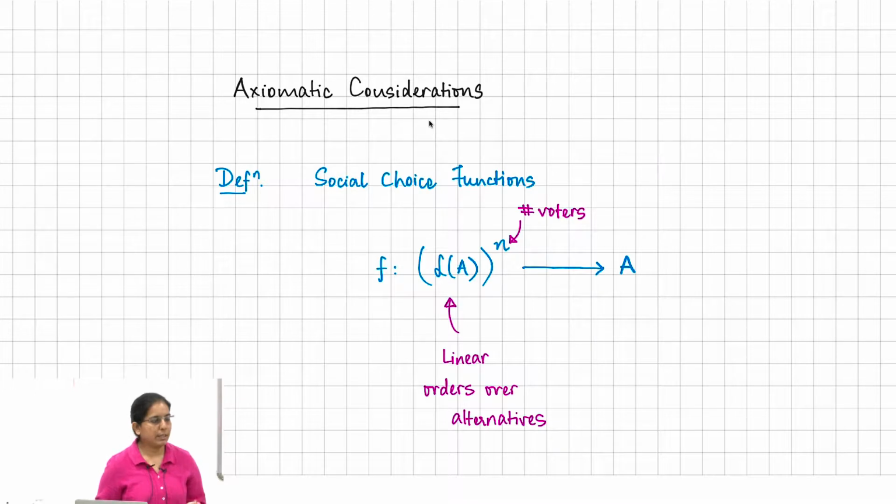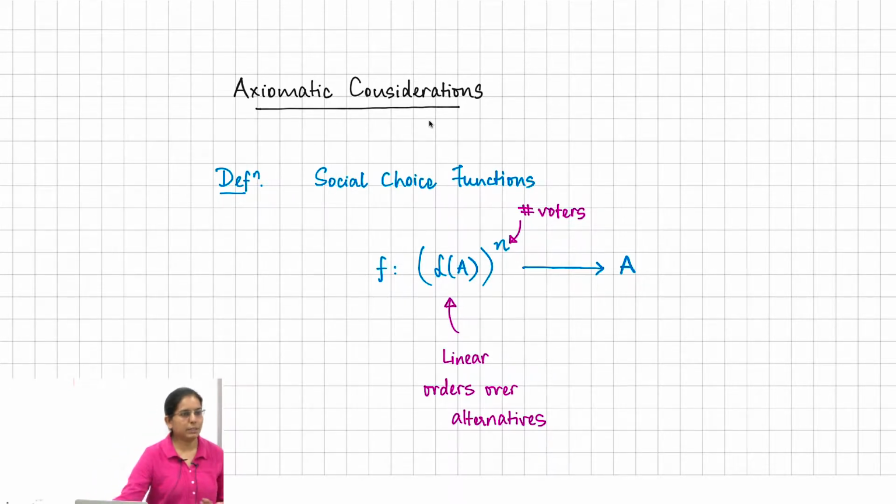The first being unanimity, the second being IIA, and the third being the property of being non-dictatorial, meaning that the mechanism is not a dictatorship. So the first two properties don't carry over to this setting. The third property of being non-dictatorial can be reasonably adapted, is what I'm suggesting.